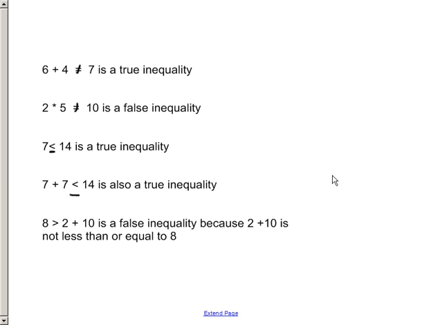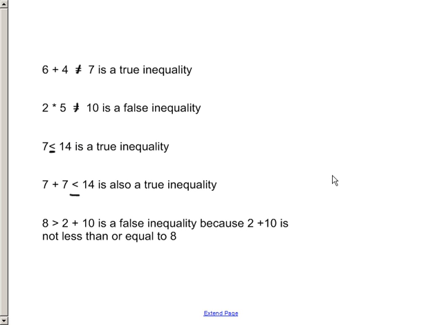The next number sentence, 7 is less than or equal to 14, is a true inequality because we know 7 is less than 14. So it doesn't have to be both. It's less than or equal to. And then 7 plus 7 is less than or equal to 14 is also a true inequality because 7 plus 7 is 14 and 14 is equal to 14.